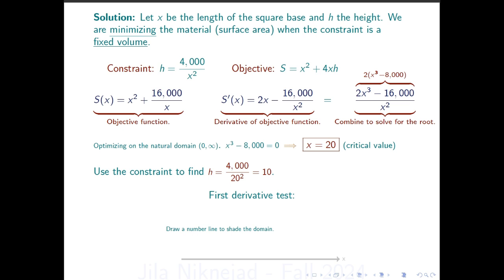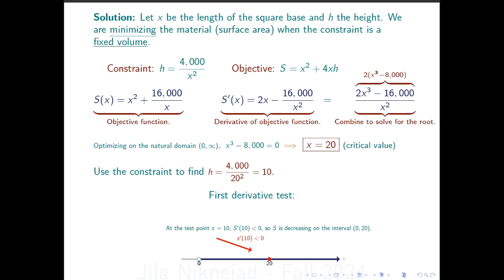So draw a number line, exclude x equal to 0 because it's not part of the domain, shade the domain to the right of x equal to 0, mark the critical number x equal to 20 on the line.